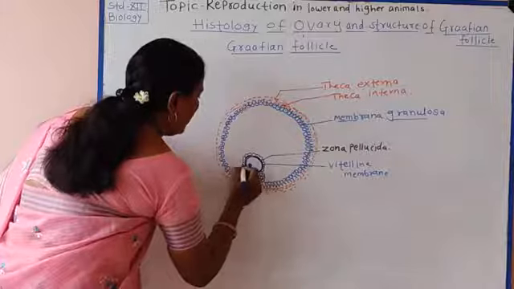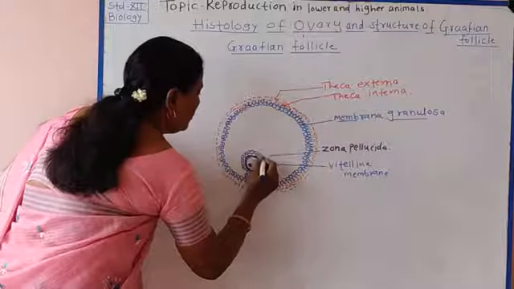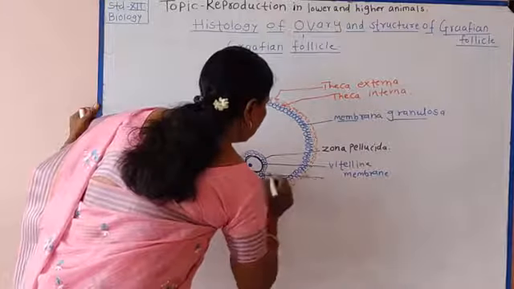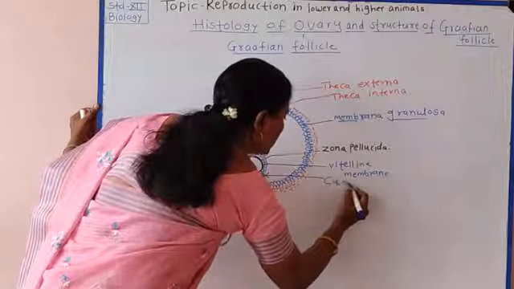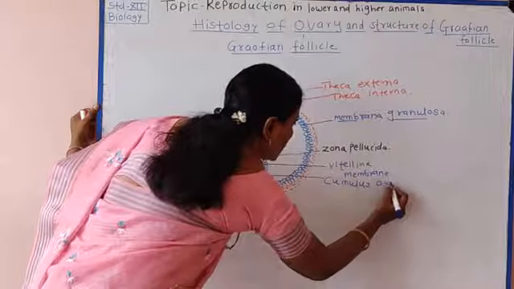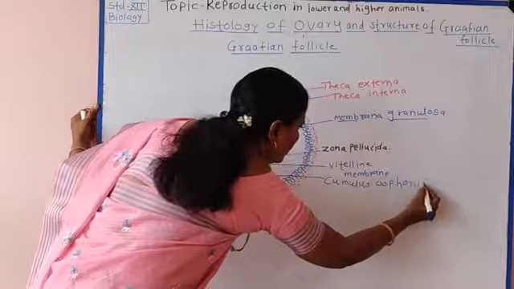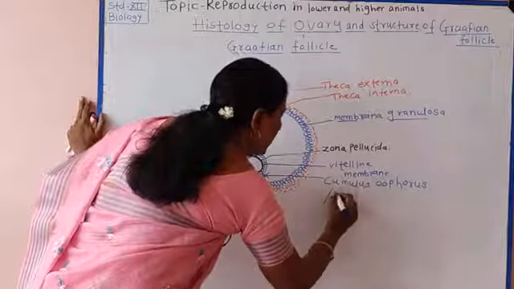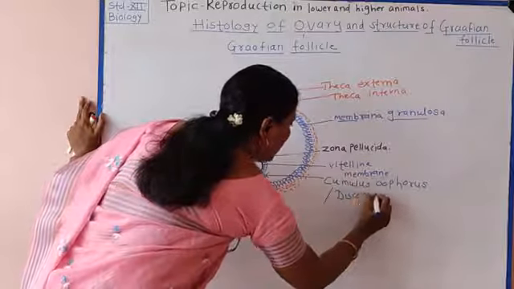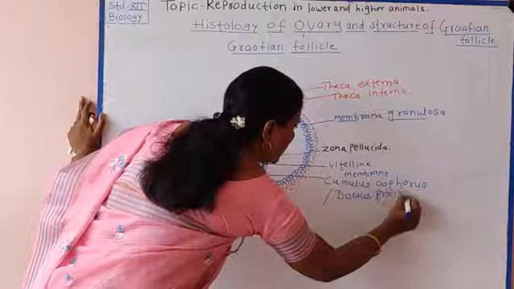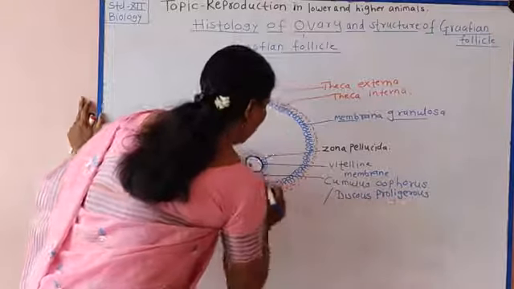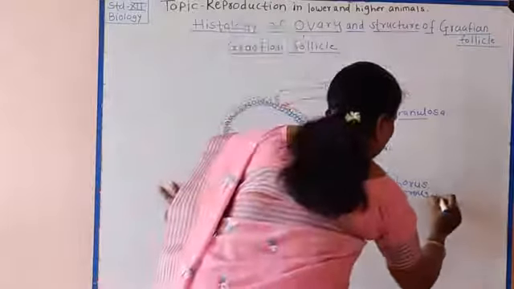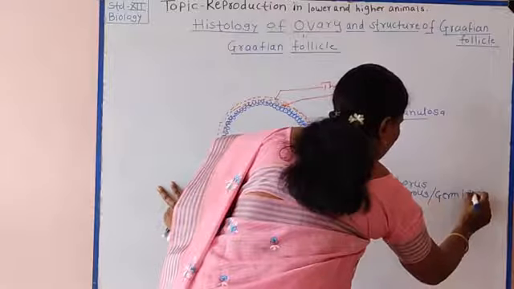This layer is called the cumulus oophorus, or it is also called the discus proligerus, or the germ hill.